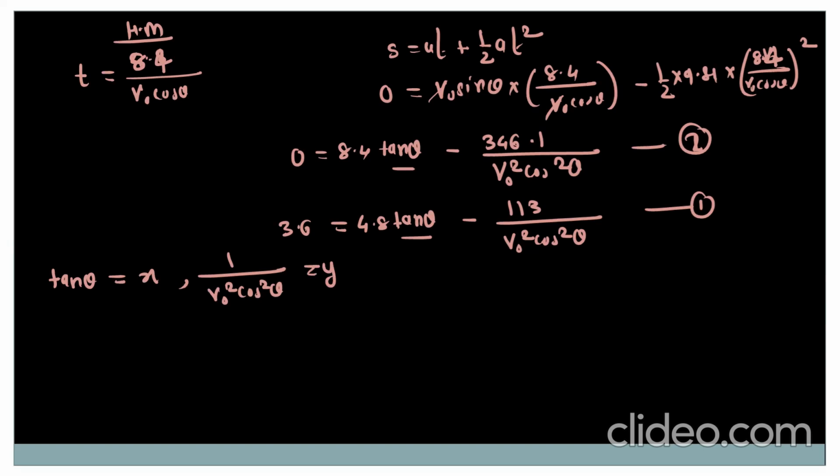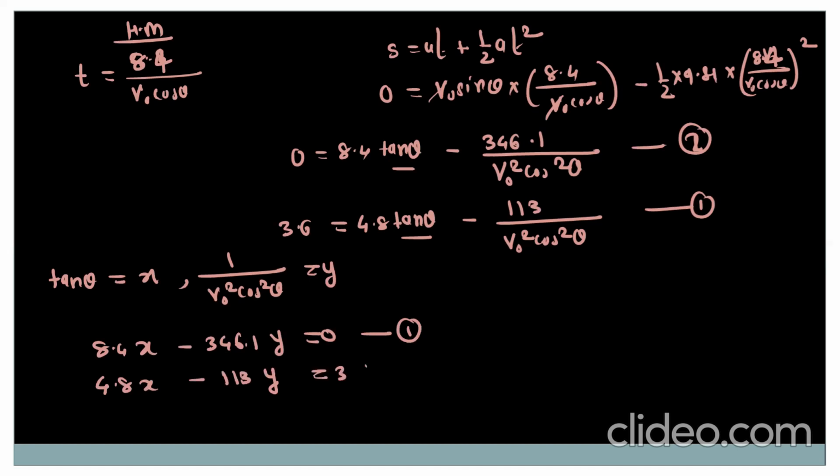So write this equation. So first equation is 8.4 x minus 346.1 into y equal to 0. And second equation is 4.8x minus 113 y. This is equal to 3.6. So this is second equation. Okay. So solve this in equation mode.